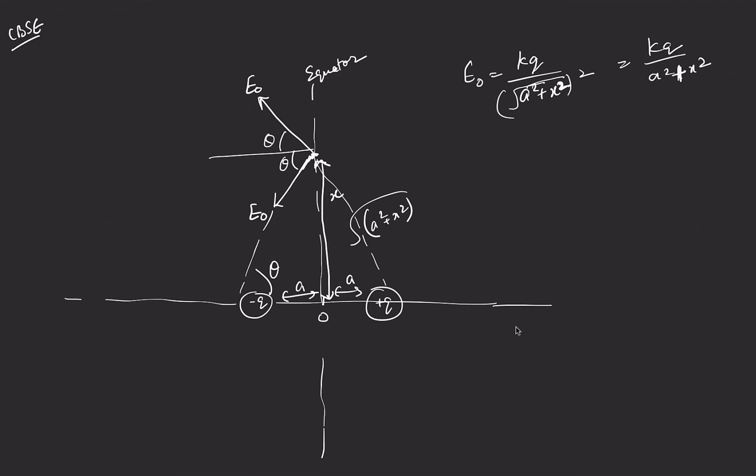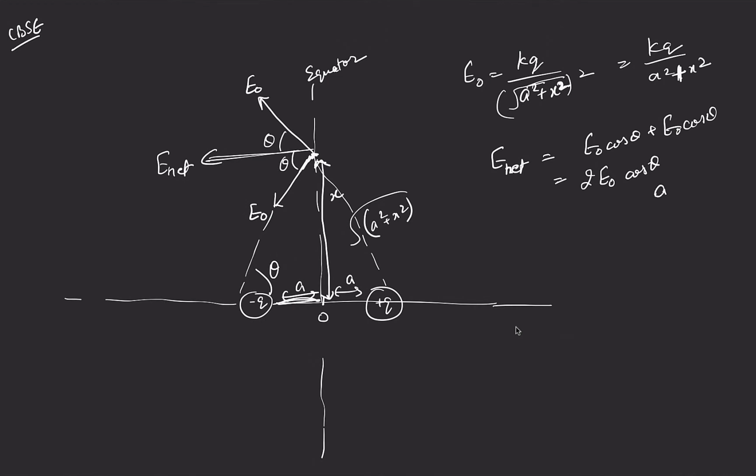So the net electric field would be in the left direction, because the y components will cancel out and the x components will add up. The x components would be E naught cos theta plus E naught cos theta, which is equal to 2 E naught cos theta, and cos theta is base upon hypotenuse.